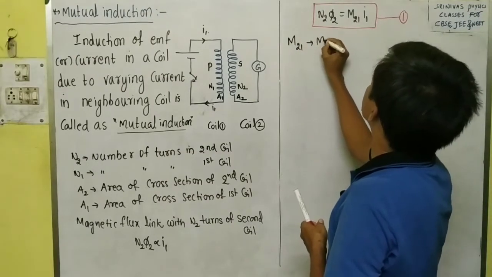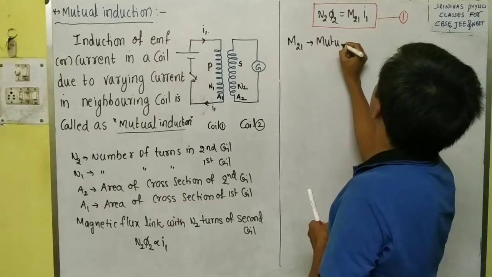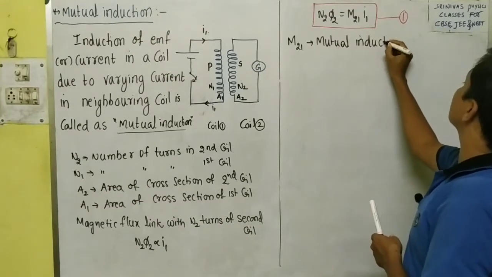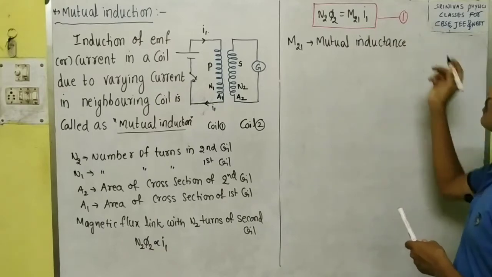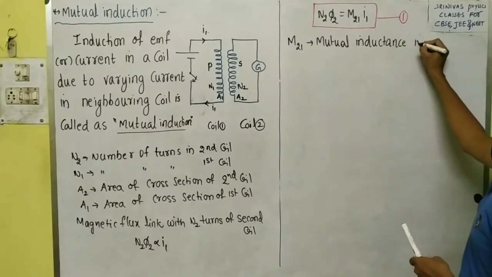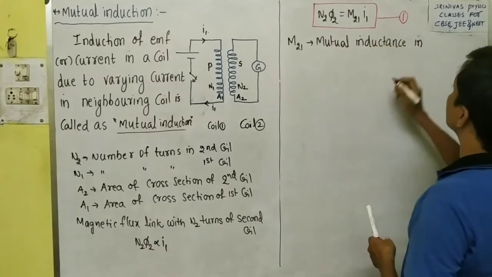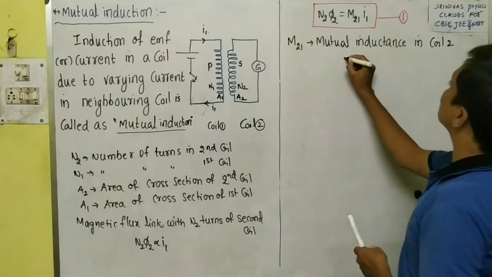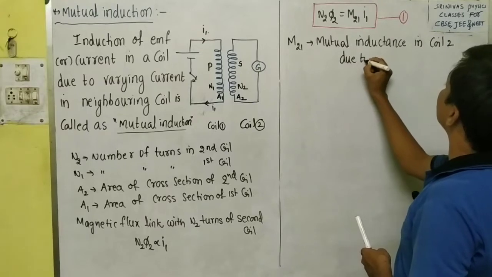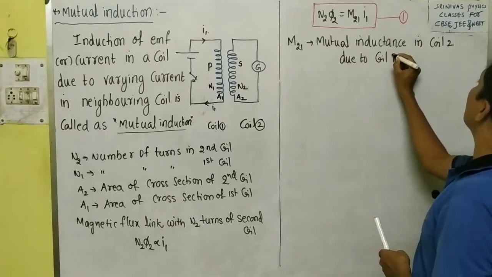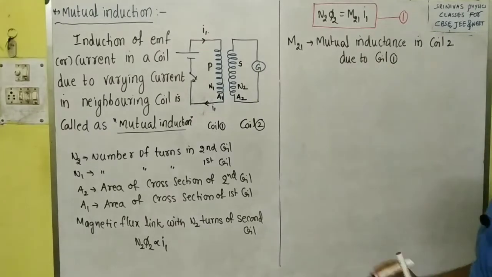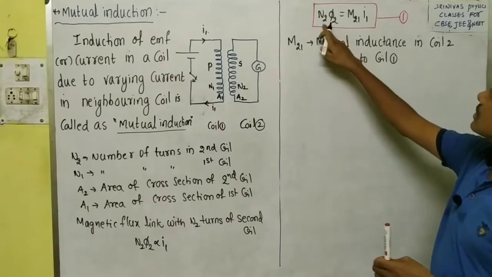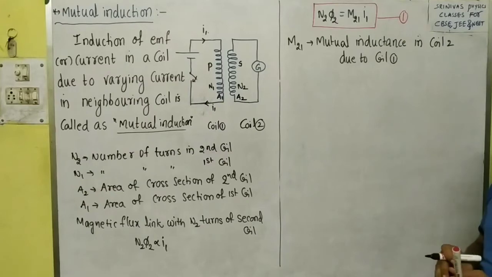This is called mutual inductance, the mutual inductance in coil 2 due to coil 1.